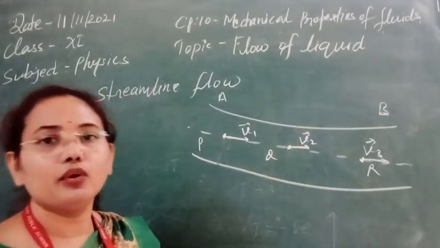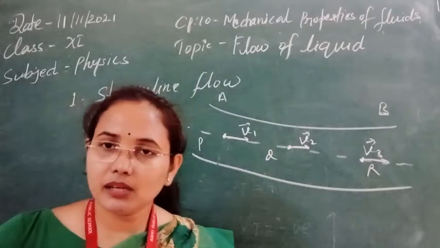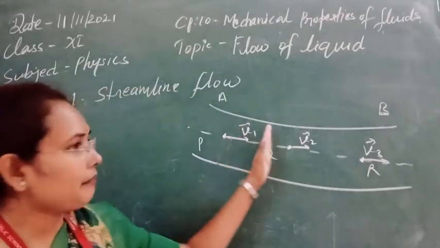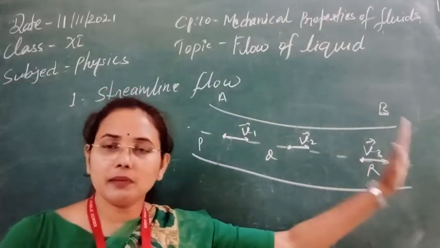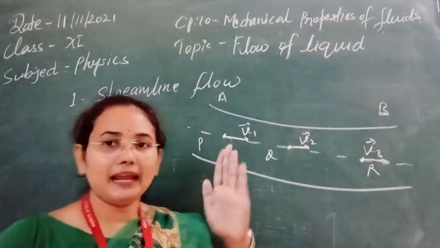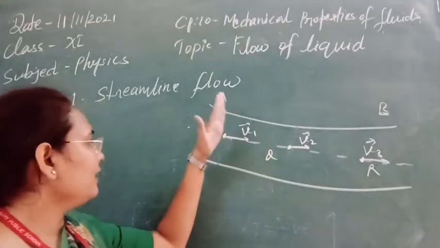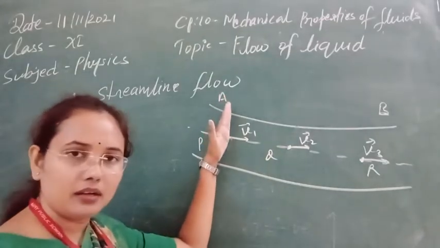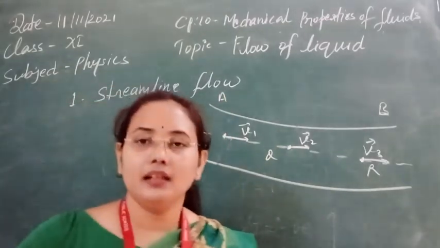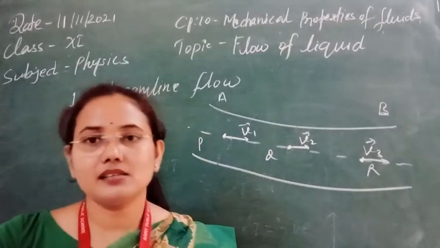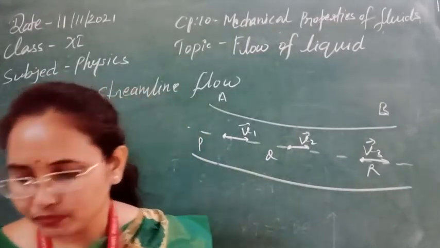So this kind of flow is known as streamline flow. This velocity can be different at different points, but at a single plane that we have drawn, the velocity should be the same. That is the concept of streamline flow.